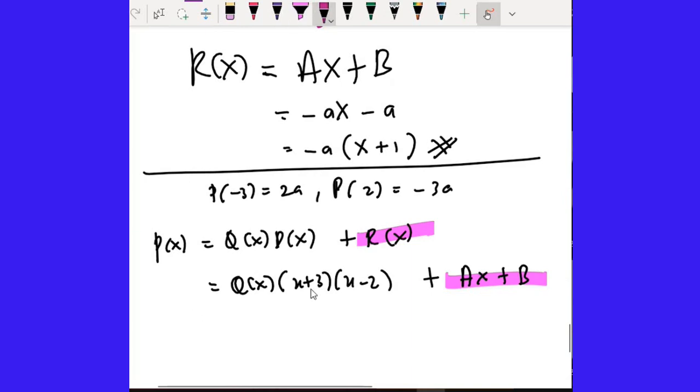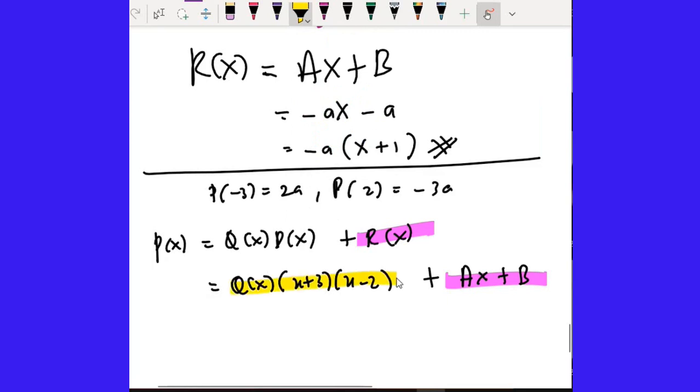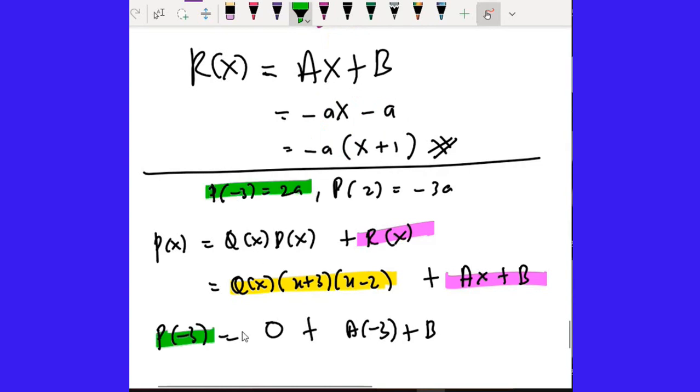Then substitute. We are going to make sure this term changes to 0. Our aim by substituting x as negative 3, this is confirm 0. So negative 3A plus B, P of negative 3 is equal to 2A. So negative 3A plus B is equal to 2A.